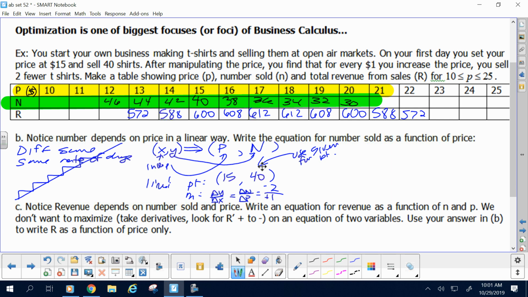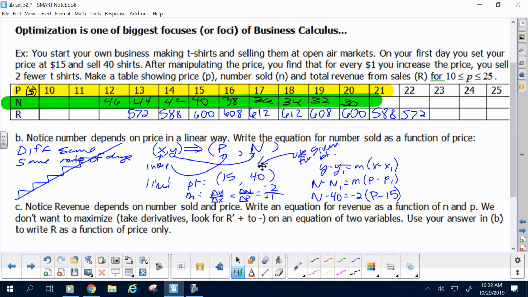That's logical. Yeah? All right, so our equation, instead of y minus y1 equals m times x minus x1, will be n minus n1 equals m times p minus p1, or n minus 40 equals negative 2 times p minus 15.